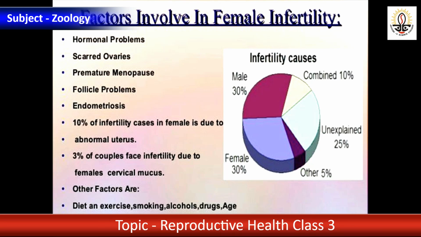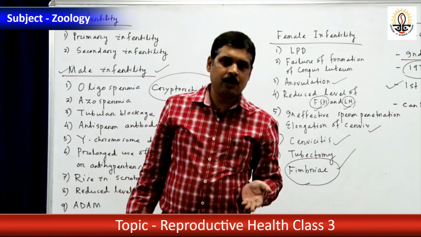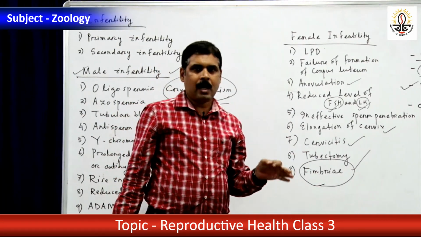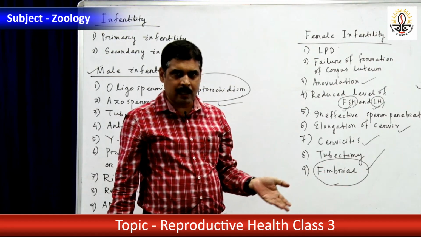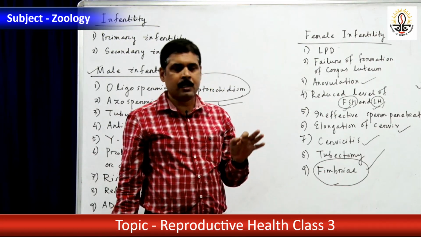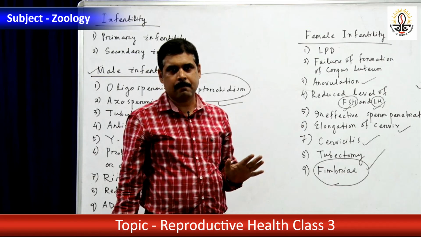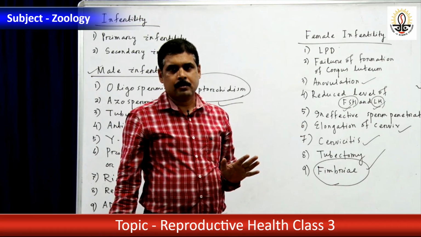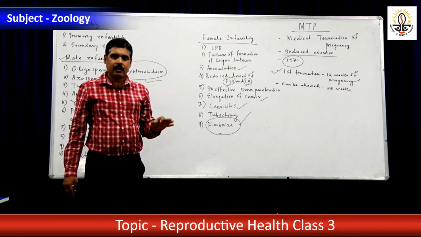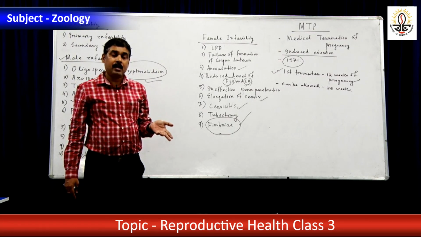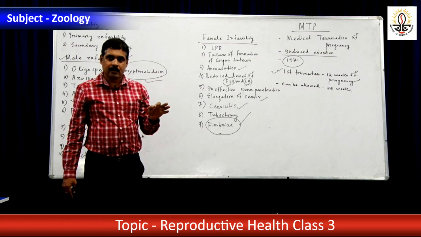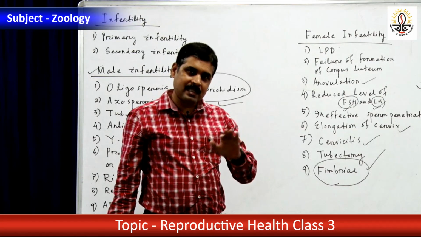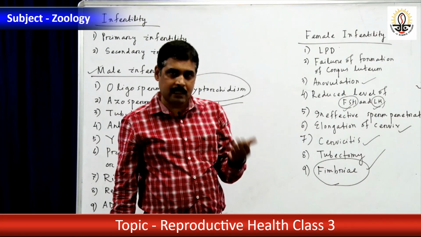Okay, so dear students, we have discussed today amniocentesis, medical termination of pregnancy, and infertility pertaining to male and female infertility. Hopefully you understood the thing. In the next class we will deal with assisted reproductive technology and the STDs, sexually transmitted diseases.